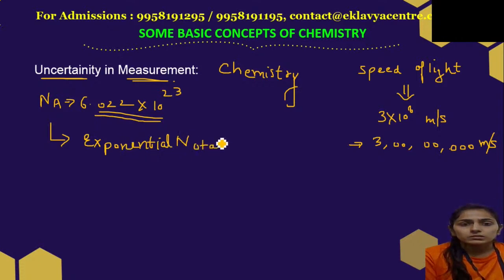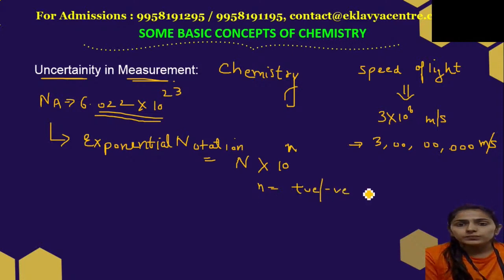In exponential notation, we can write them as n into 10 to the power small n, where the small n could be a positive value or negative value, and n varies from 1 to 10.